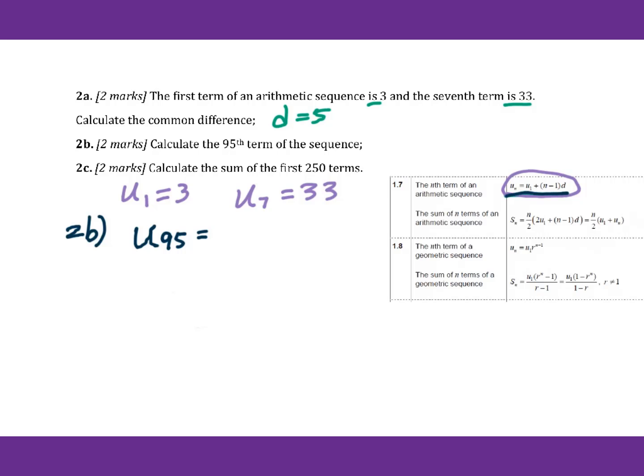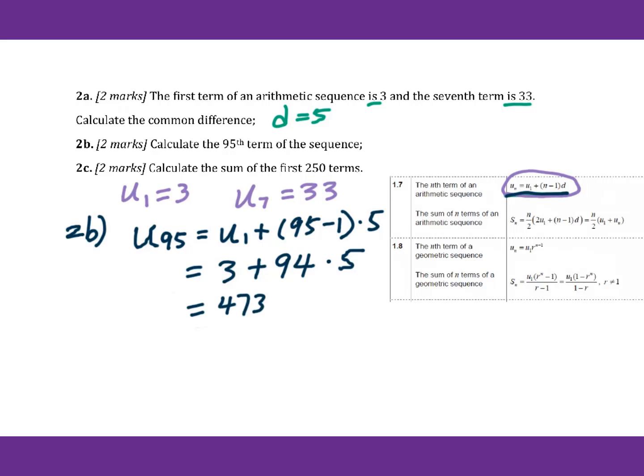For this formula, every single n you need to change into 95. So you get U sub 1 plus 95 minus 1 times d, where d is 5, which means 3 plus 94 times 5 equals 473.